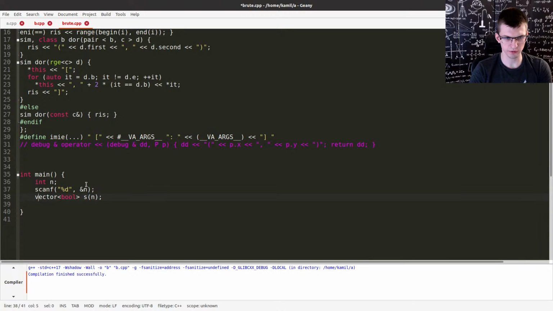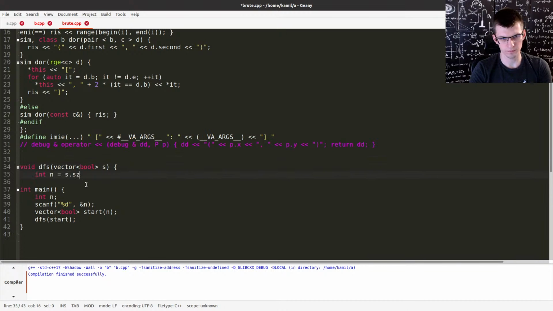This is a string with all falses. And now what do I... It can be DFS. It will try all the possibilities.